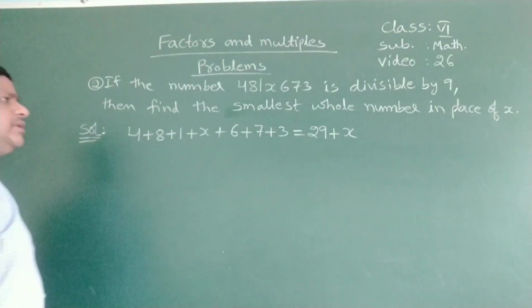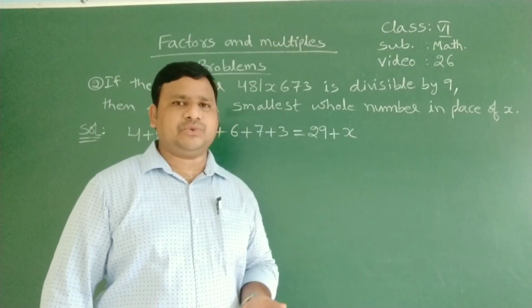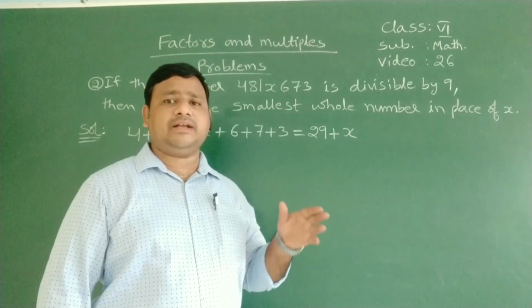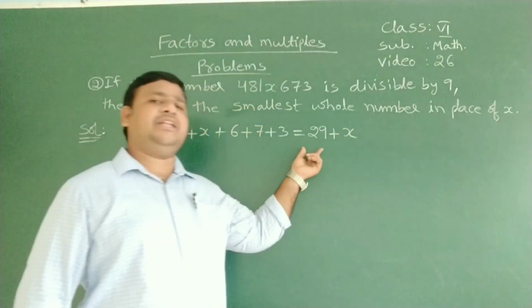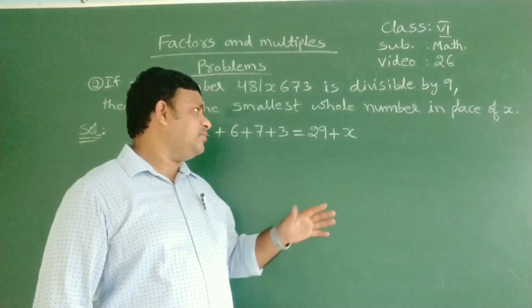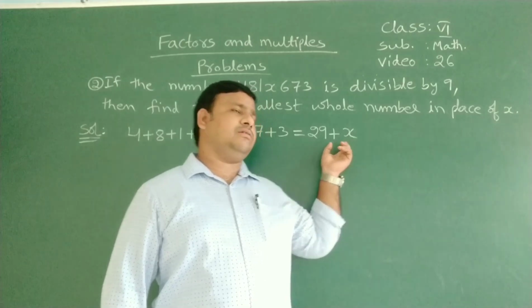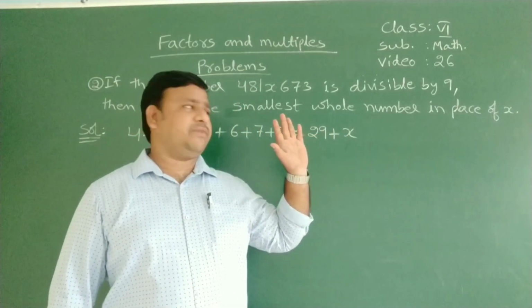Right? Now in place of x, what should be substituted to make the number divisible by 9? Suppose if you give 0, 29 comes. 29 is not a multiple of 9. In the same manner, if x value is 1, 29 plus 1, 30. 30 is also not a multiple of 9.